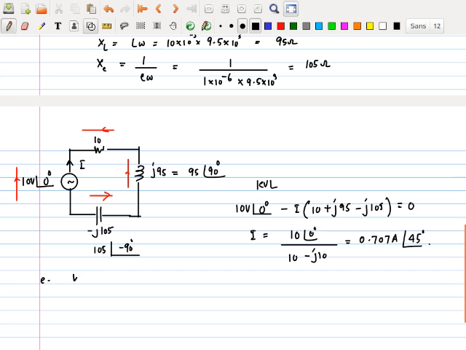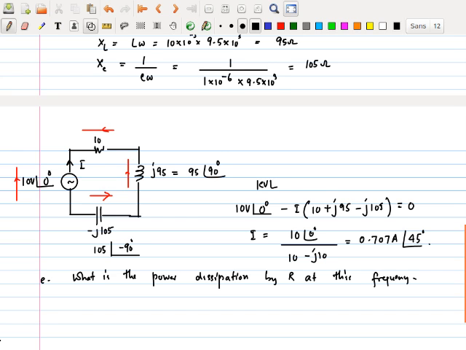Then you have the power dissipation by R at this frequency. Now I am asking you, what is the actual or maybe the average signal power that is dissipated across R?